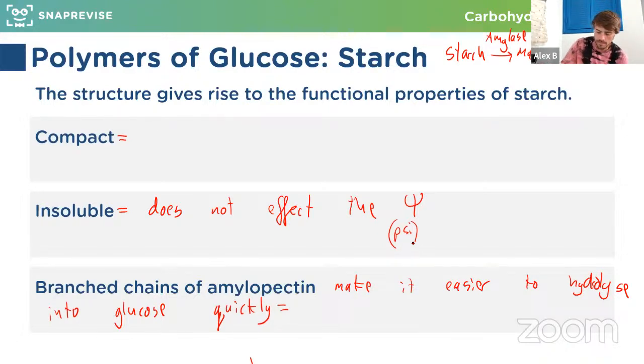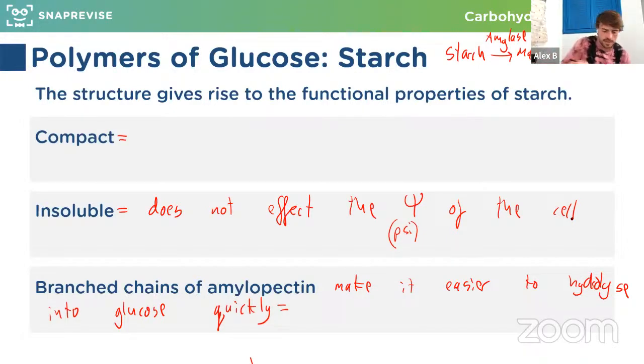So that means water potential of the cell. Because if you think about it, if you just pumped a whole bunch of glucose into a cell, that's going to lower the water potential. Therefore, water is going to move in by osmosis. The cell is going to swell up. Plant cells don't burst because of the cell wall, but it's still going to interfere with the osmotic concentration. So we don't want to do that. So we turn it into an insoluble molecule that has no effect on the water potential.